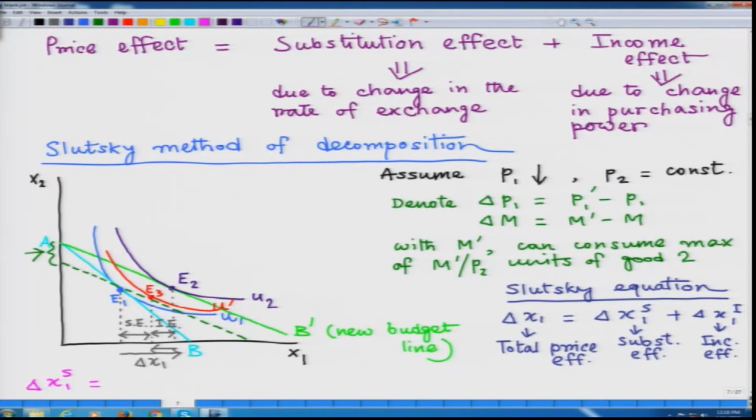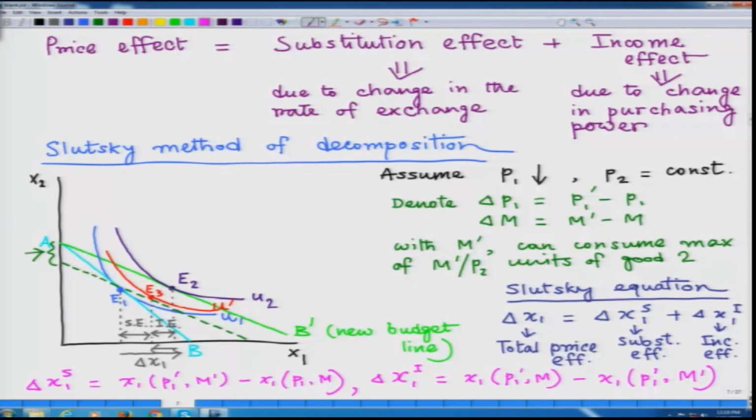Delta x S1 is equal to x1 of P1 prime, M prime, minus x1 of P1, M, and the income effect would be x1 of P1 prime, M, minus x1 of P1 prime, M prime.